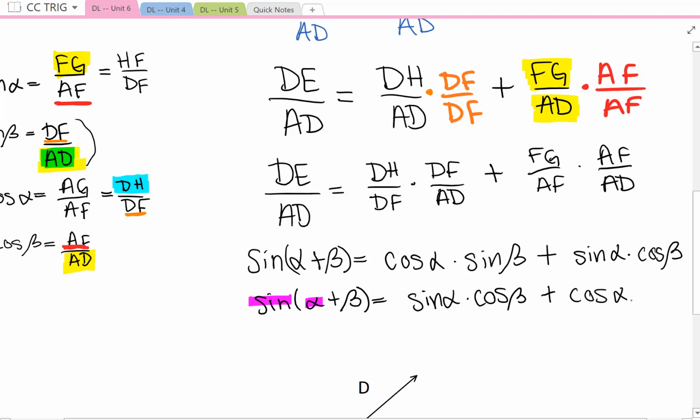Plus cosine alpha times sine beta. That's why sine of the quantity alpha plus beta is equal to sine alpha times cosine beta plus cosine alpha times sine beta. Remember Sinbad and cosine and that whole story? Yep, that's what this is. And you can see that geometry proves that this is a true statement, a true identity.